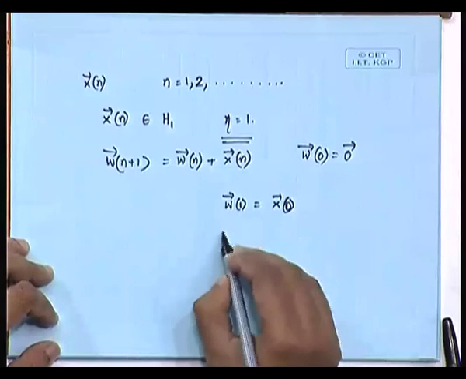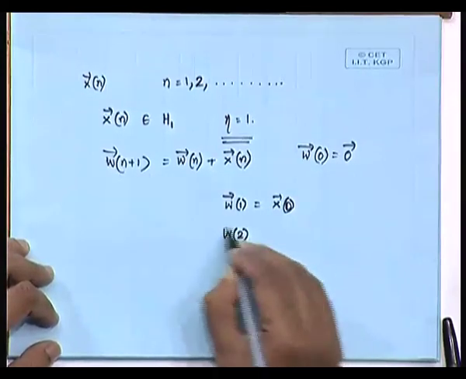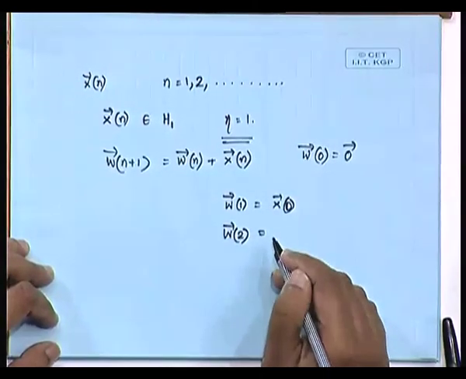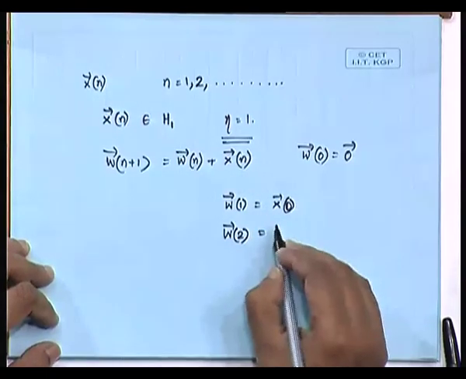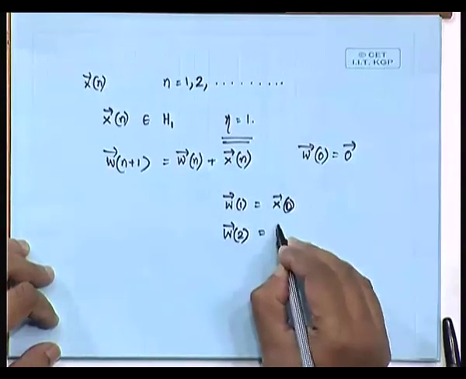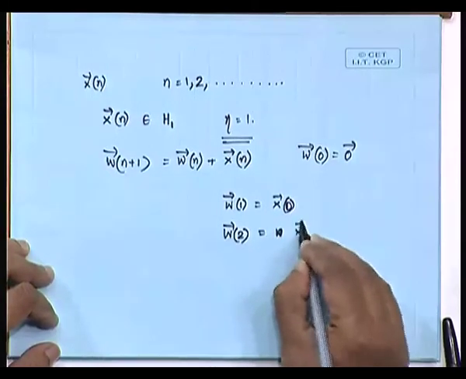Okay. So, what is going to be W2? W2 is going to be W1 plus x1. That means W2 will be equal to x1 plus x0.